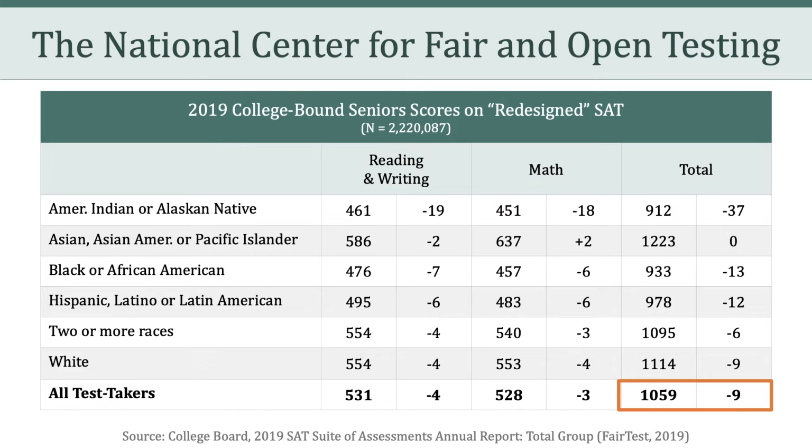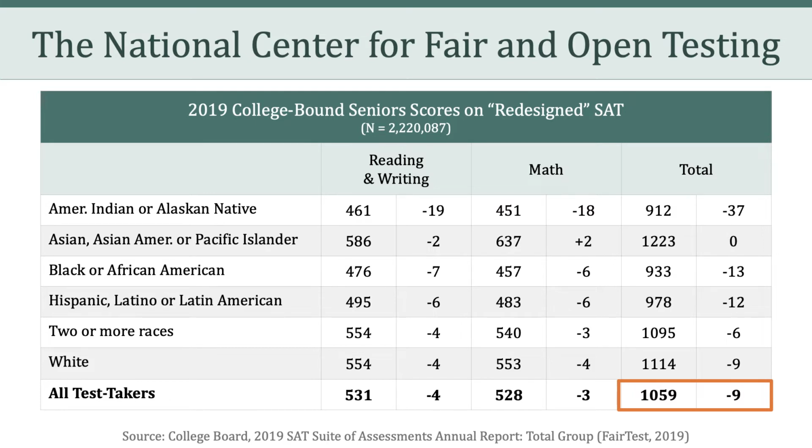Now, what I want to draw your attention to is the average for all 2019 college-bound seniors. Their average score of all test takers, and this is based on over 2 million SAT test takers, the average score was a 1059. And that actually went down 9 points compared to the 2018 college-bound seniors.